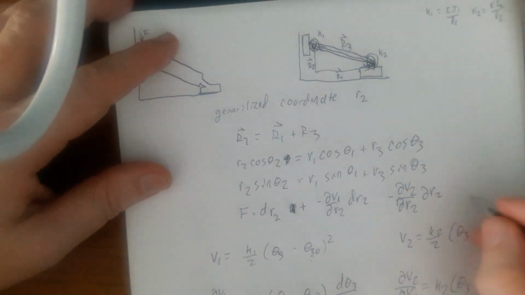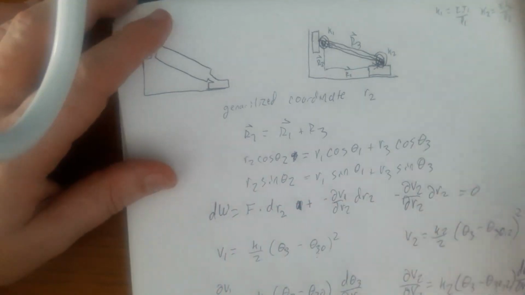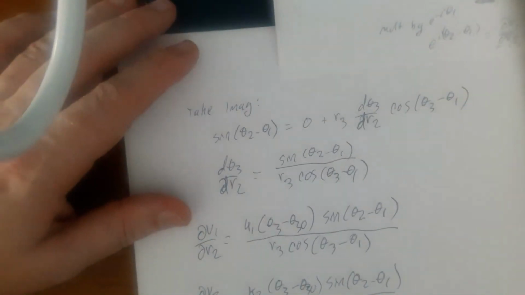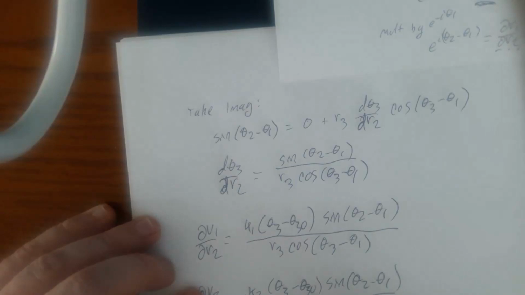And so now we've got expressions for those things, and those are the terms that go here, and that's going to be equal to 0, and this is our virtual work equation, our energy balance. And so we will have F dot dr2, and then we'll have minus this whole term, which will be k1 theta 3 minus theta 3 naught sine theta 2 minus theta 1 over r3 cosine theta 3 minus theta 1.